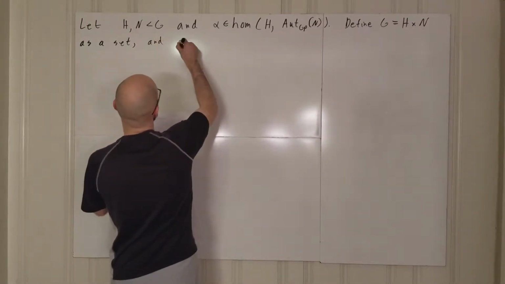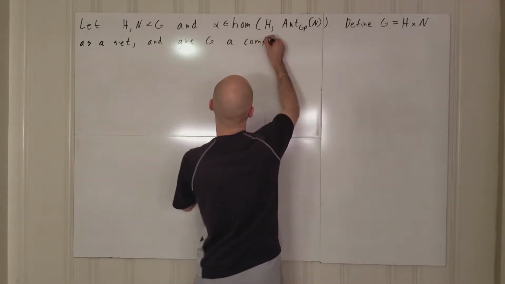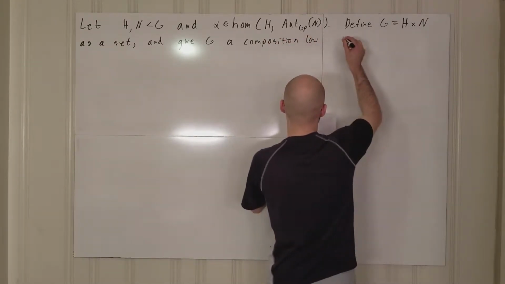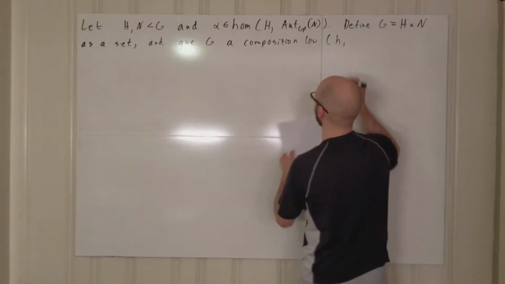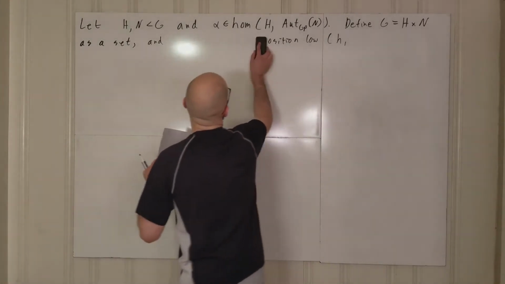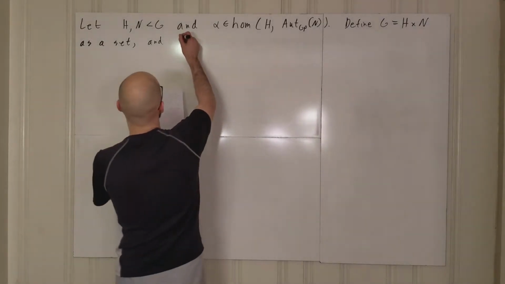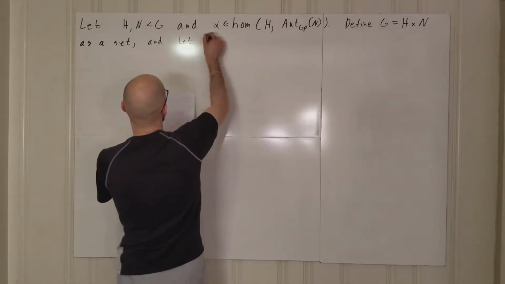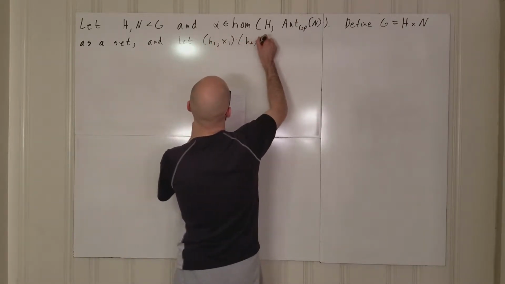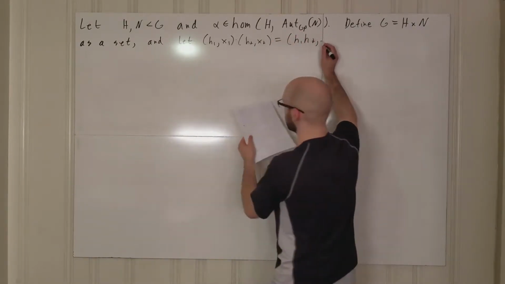and give G a composition law. And this is going to look a little weird. I want this all to be on the same line so that we can reference it. And let (h1, x1) dot (h2, x2), we're going to define this as (h1 h2, alpha of h2 inverse of x1 times x2).